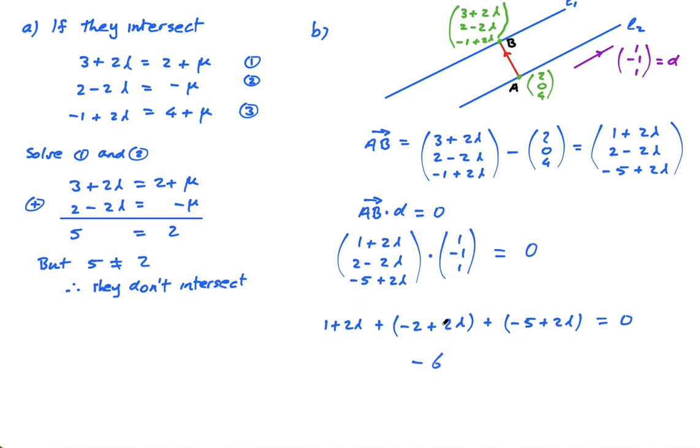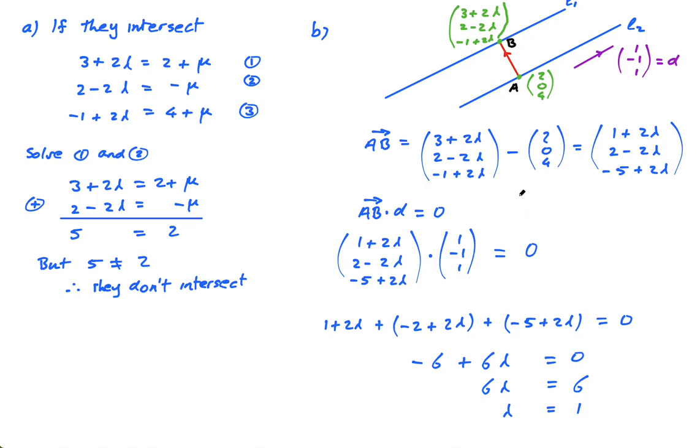And I have 2λ plus 2λ. Hang on, am I right? Oh yeah, sorry, that was -2 + 2λ. So it's 2λ plus 2λ plus 2λ is 6λ equals 0. 6λ equals 6. λ equals 1.